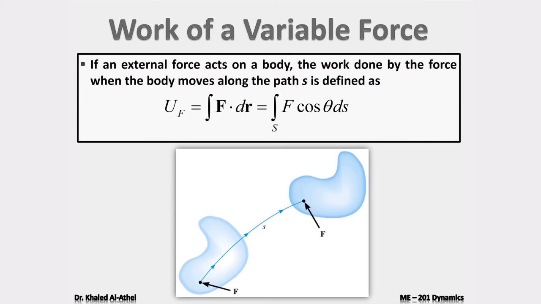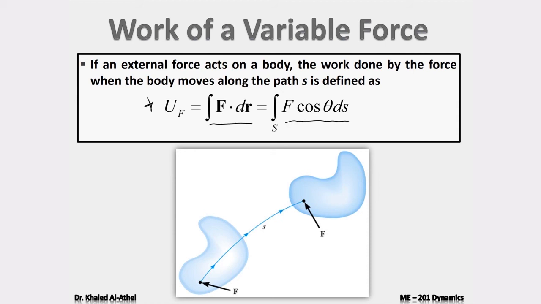So if an external force acts on a body, the work done by the force when the body moves along the path S, as shown in the figure, is defined as the work equals the integral of F dr. This is in a vector format. If you open it in a scalar format, it becomes F cosine theta ds.